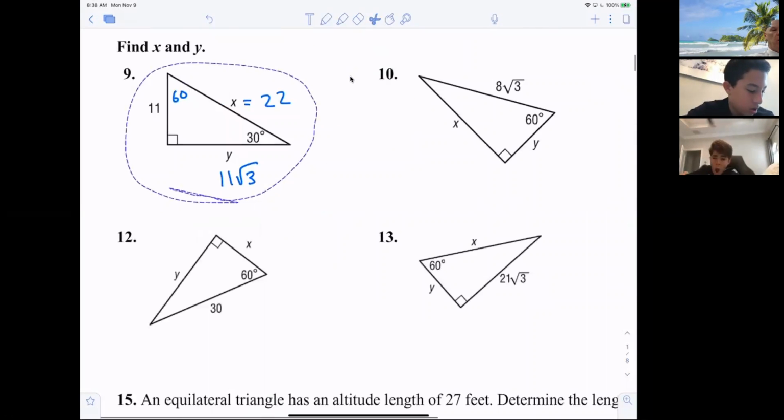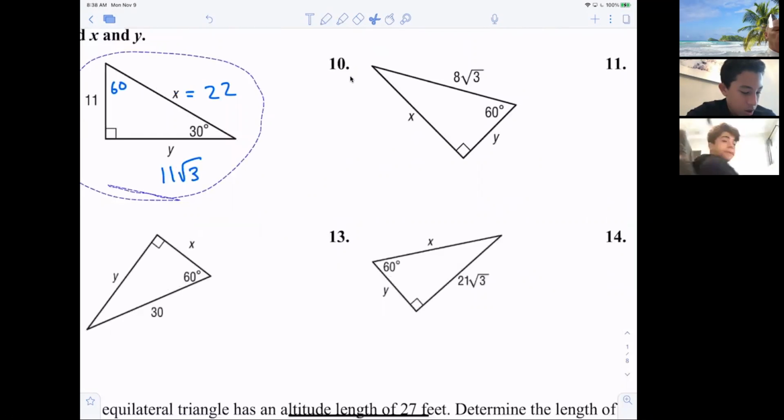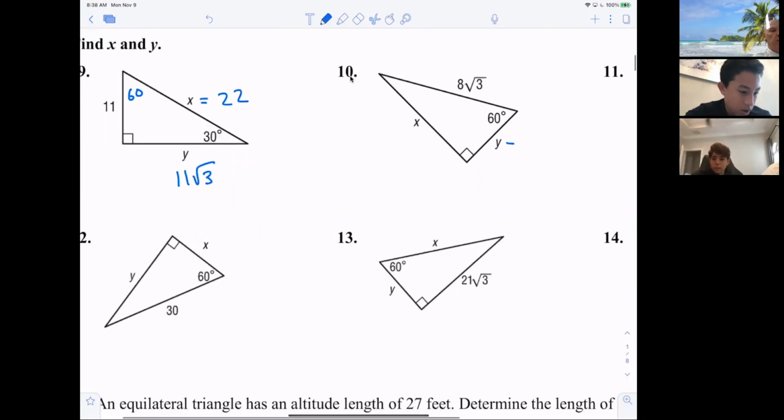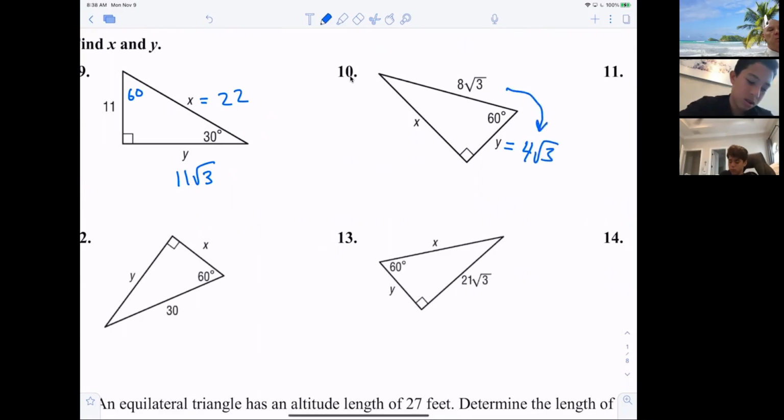All right, so here we go. On number 10, what is y? Say it. 4 radical 3. You're dividing by 2 to get to the 30-degree side. The 30-degree side is always half the hypotenuse.